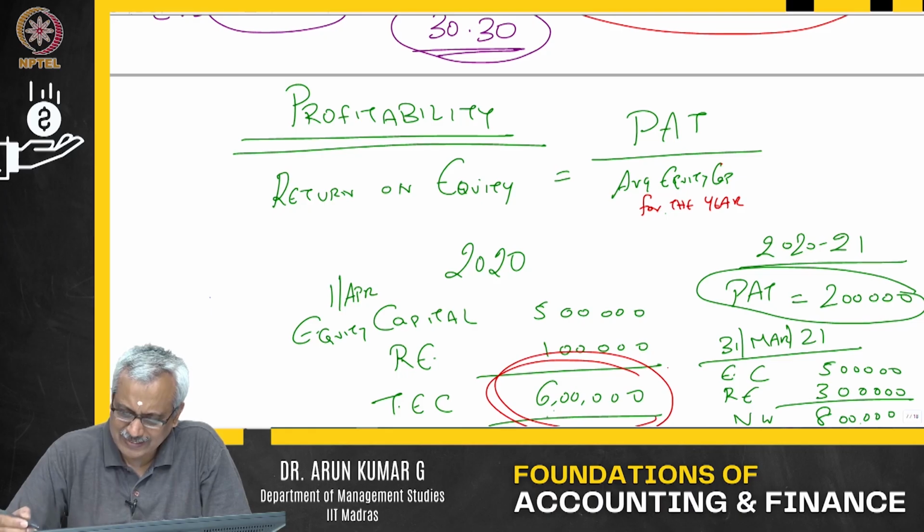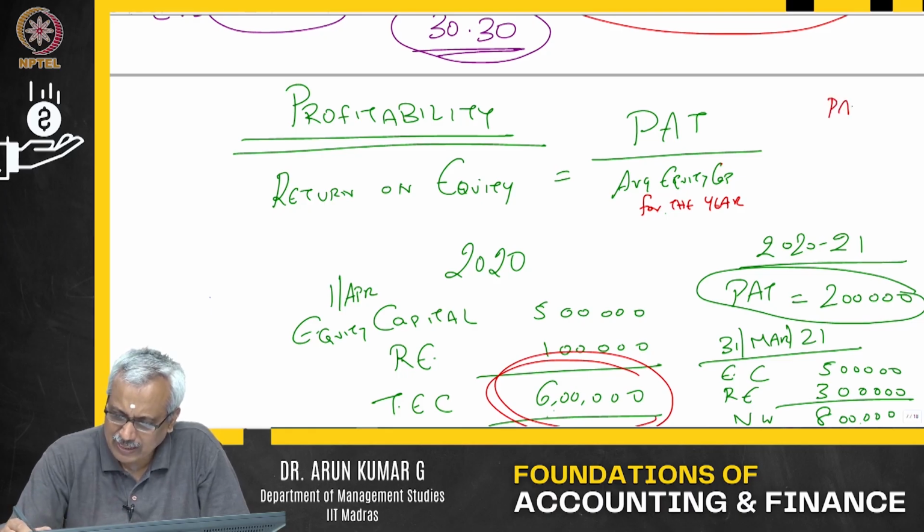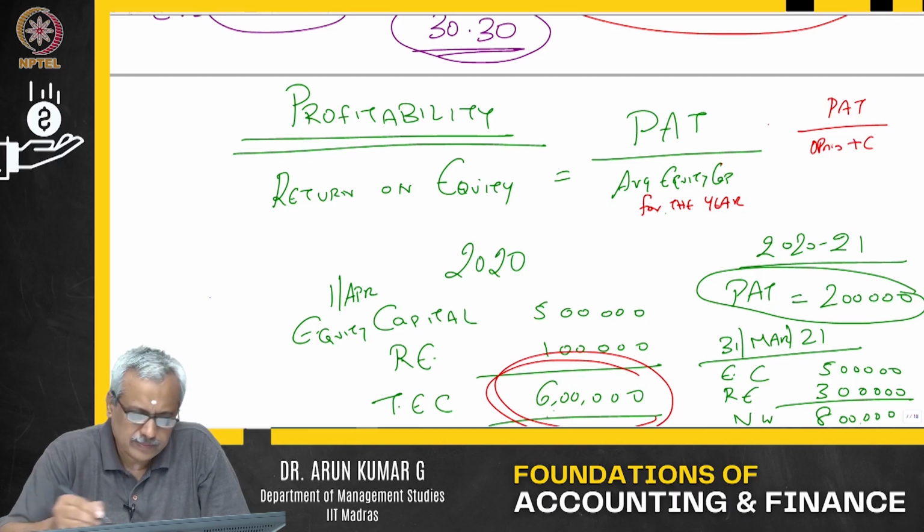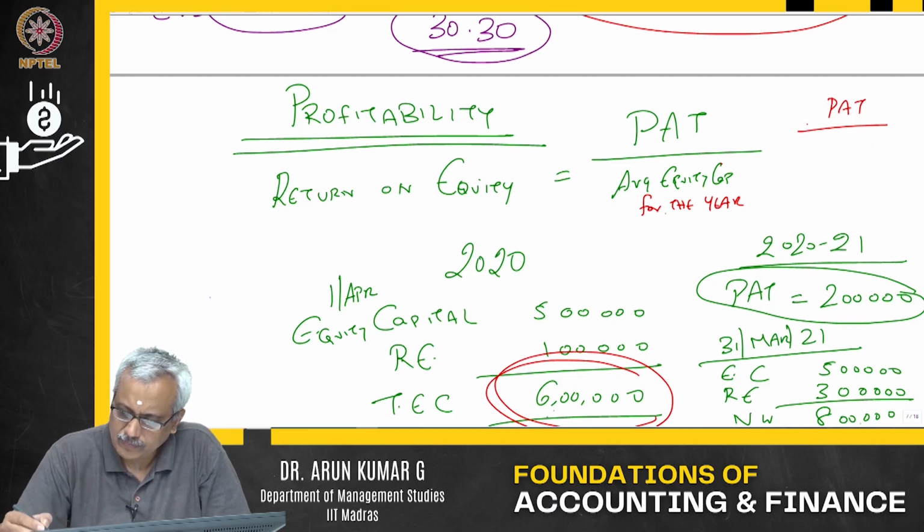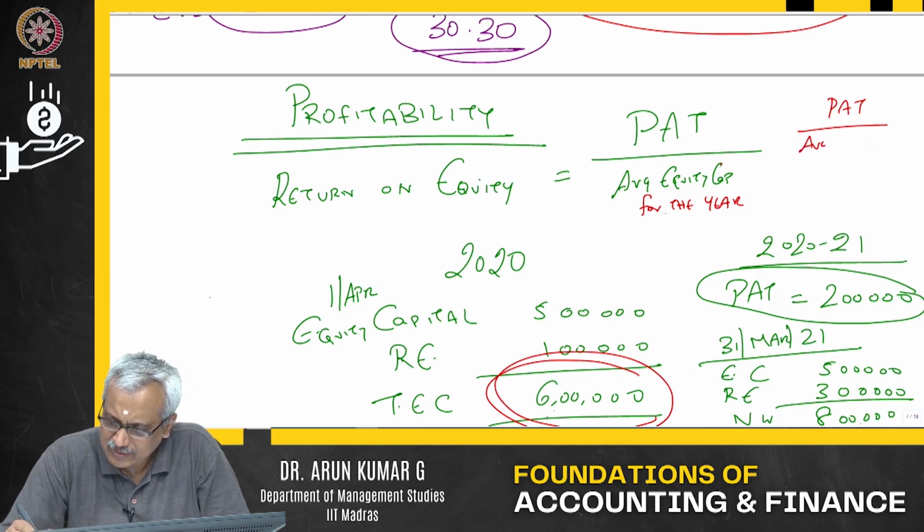So, in this particular case, my PAT will be divided by the average of opening plus closing balance.